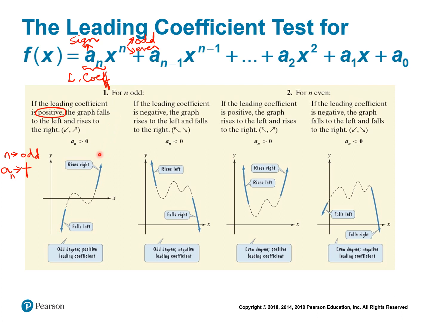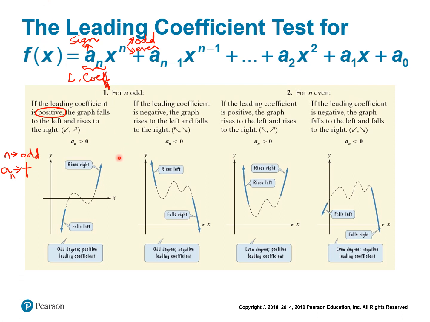Now, in between the two extreme ends, the graph can go up, increase, decrease, drop, rise. Anything can happen, based on the polynomial that we are working with, but at the extreme ends, if n is odd and leading coefficient a sub n is positive, then it drops to the left and rises to the right.